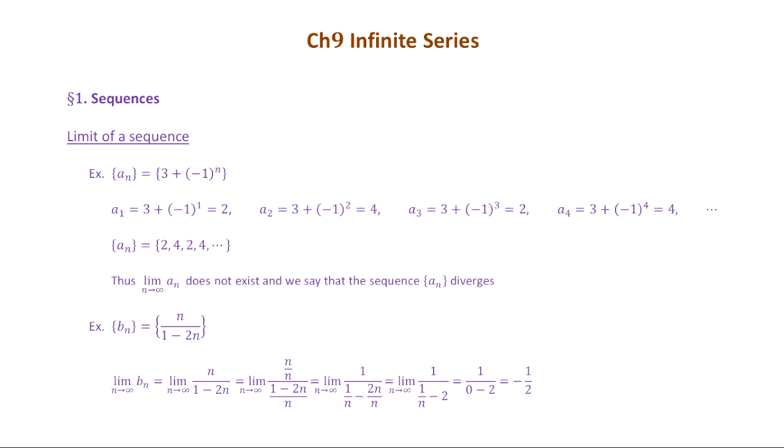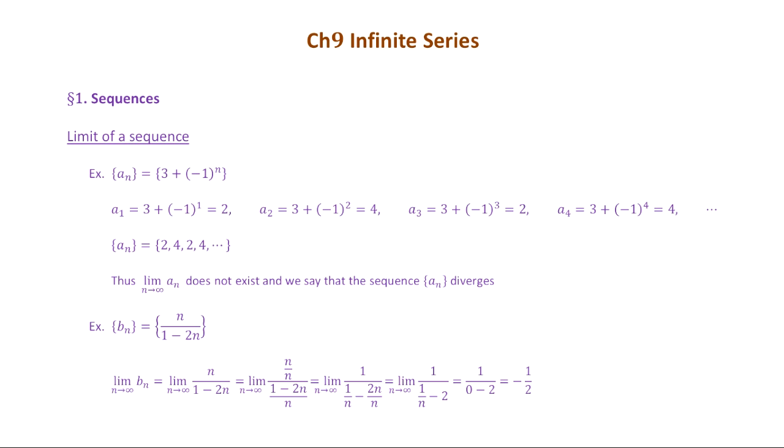So I'm not going to repeat that. We already did it. So you see, there's no limit for this sequence. It just jumps between 2 and 4 forever. Those numbers do not converge or approach a limit. So the sequence diverges, and it does not have a limit.